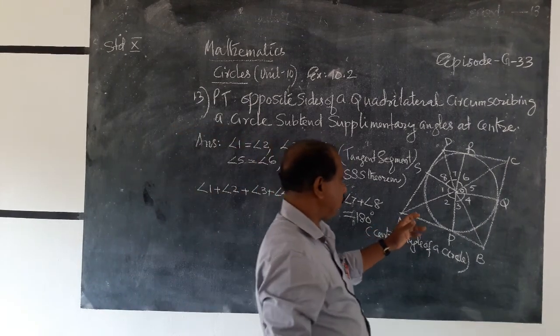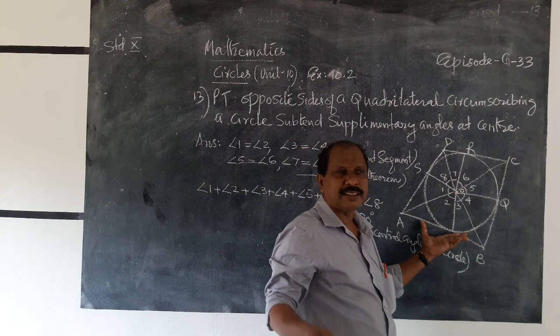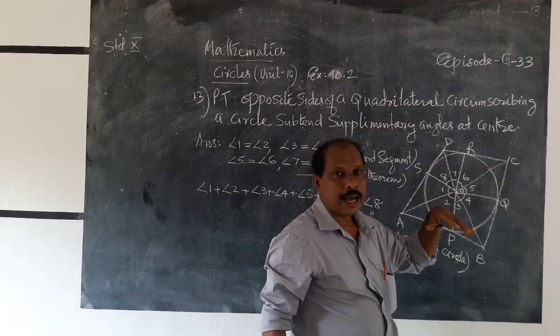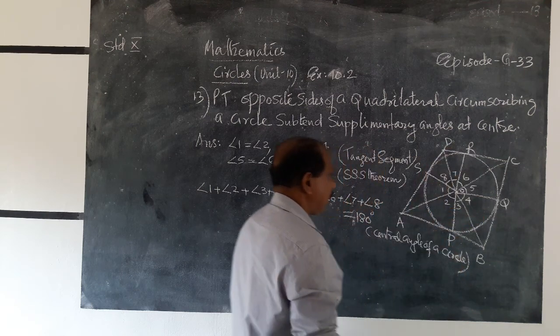Then we know that AOB is the angle subtended at the center by AB, and COD is the angle subtended at the center. They are opposite sides.